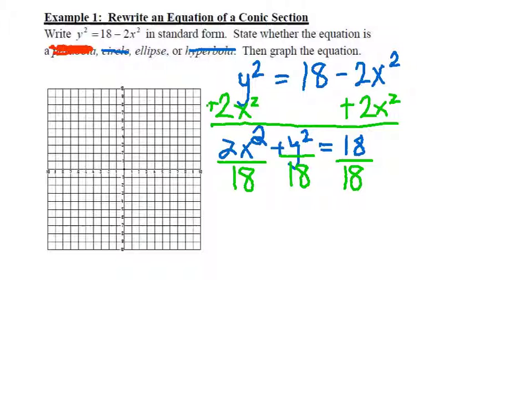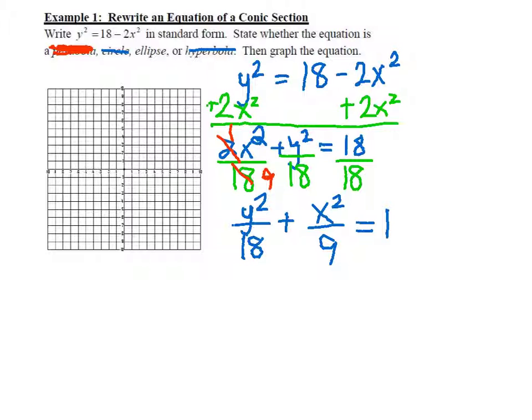So we're going to write the y squared over 18 first, plus, when we cancel the 2, this becomes a 1, and this becomes a 9, you end up with x squared over 9. Now this is also going to give us an orientation where your graph is looking up.